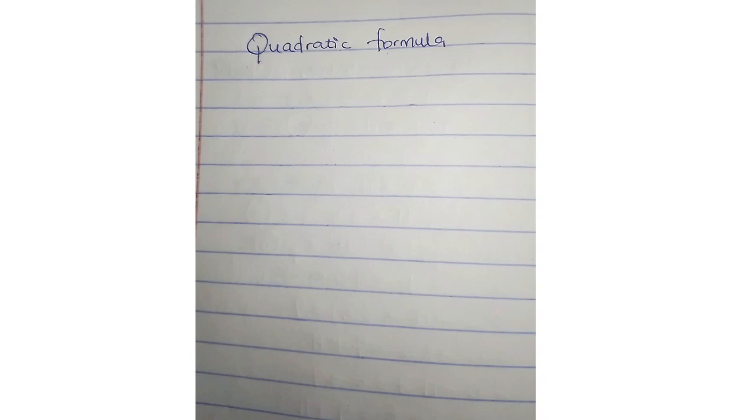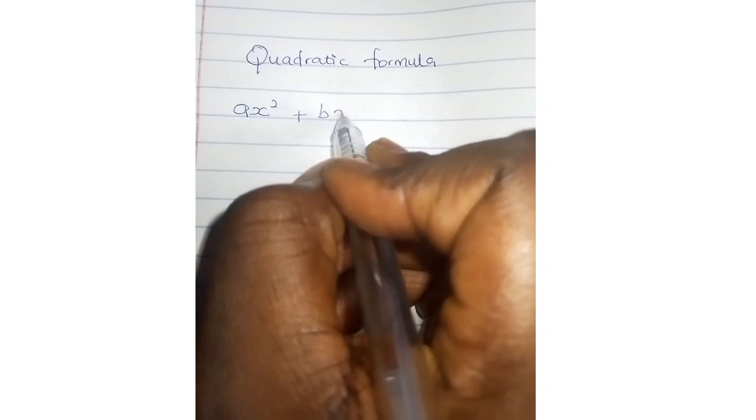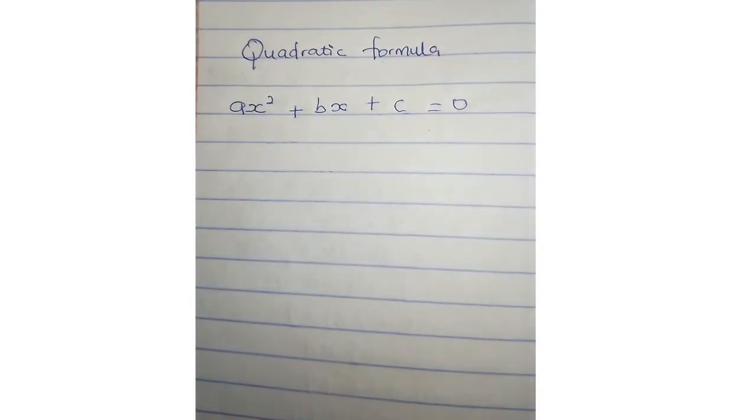That's to say, we have the form ax squared plus bx plus c equal to 0. Now this is the form of a quadratic equation.